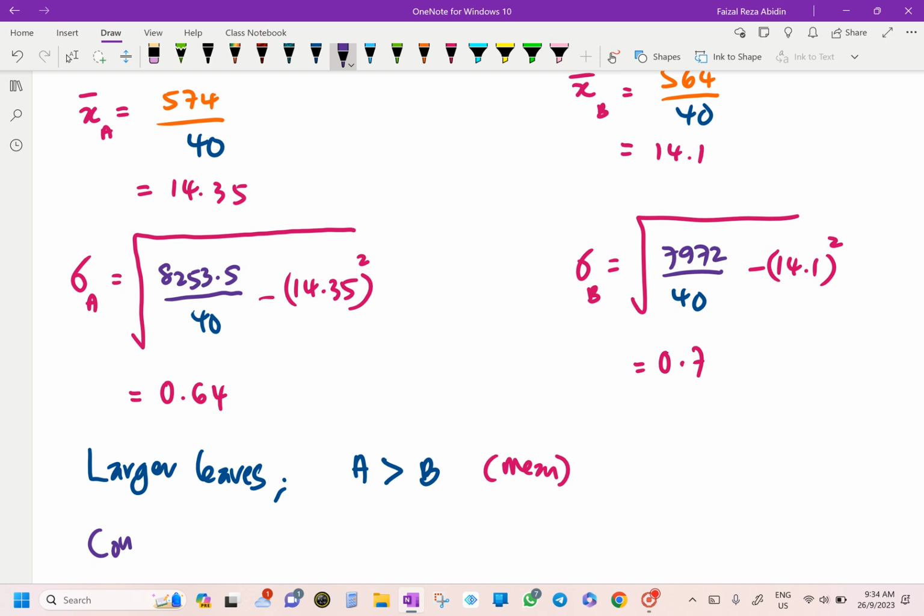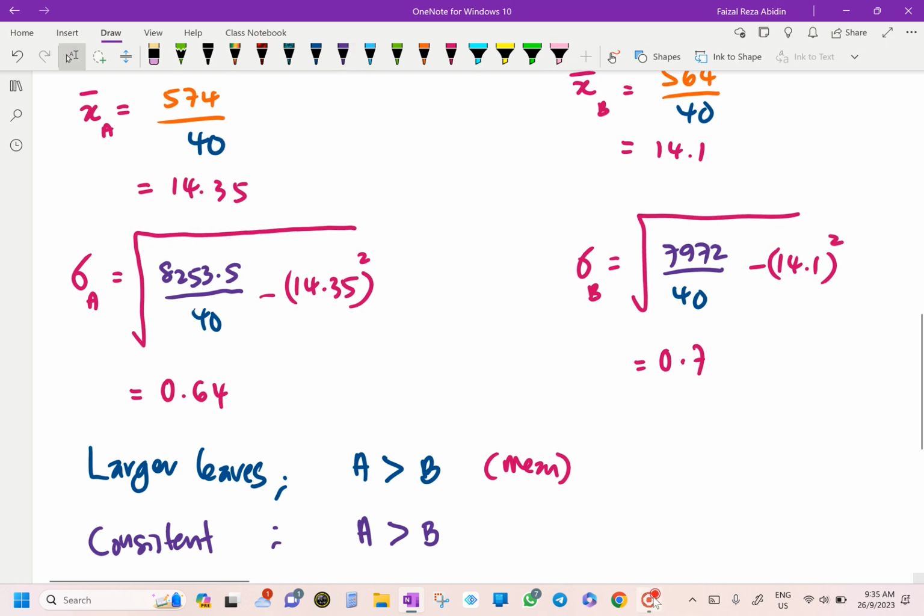So A is more consistent than B. A wins here, it has the larger leaf and also the more consistent leaf. Okay, I finish here first.